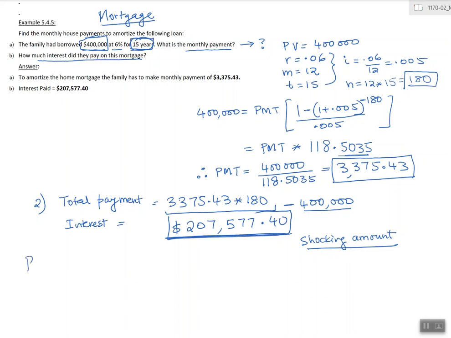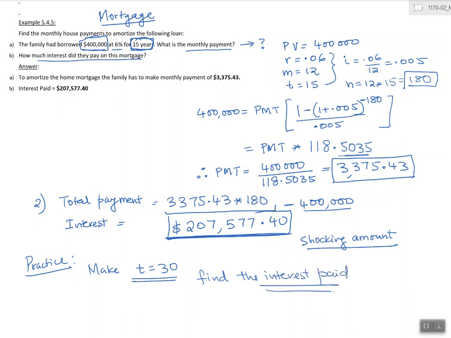You could practice with the same numbers. What you can do is make T equal 30, which is more conventional, and find the interest paid. And that'll be even more shocking.